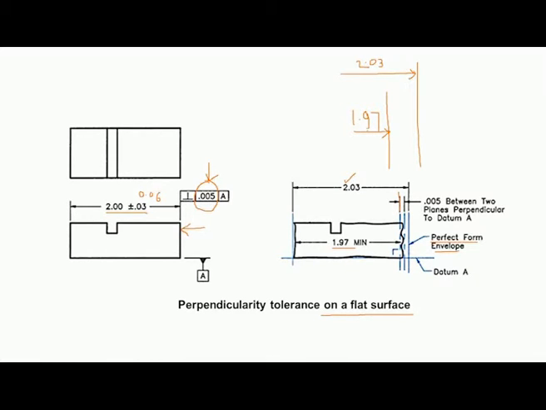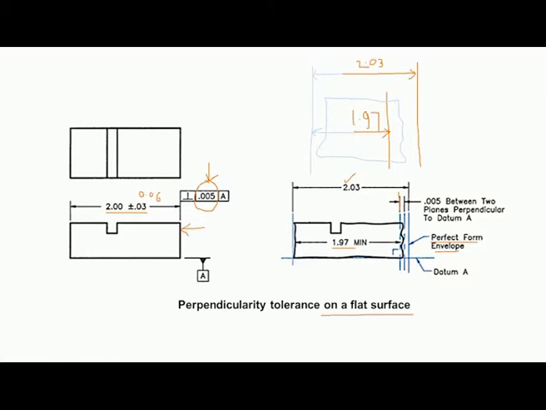So, now let us assume that the workpiece is like this. Now, it is within the limits.